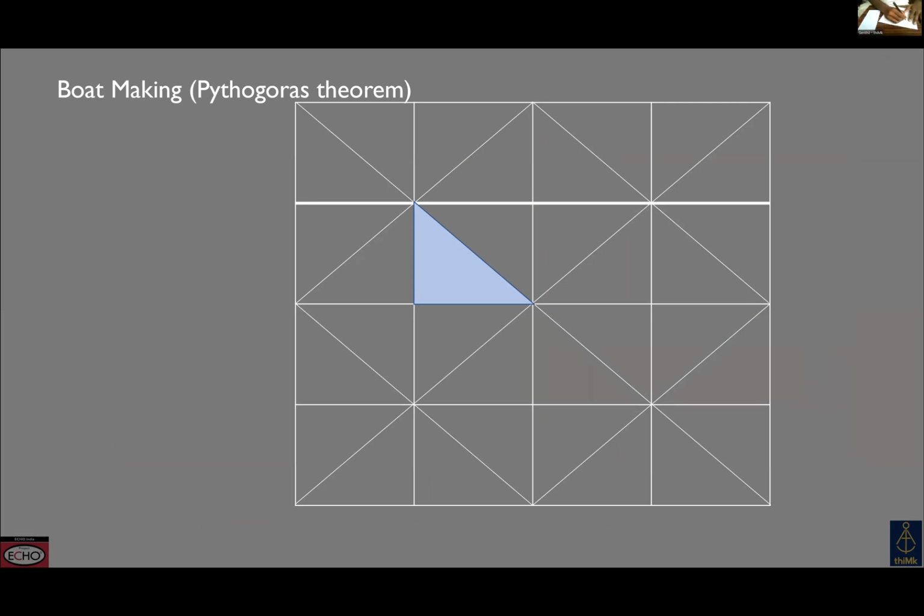Look at this triangle. I'm just looking at one triangle from this, just as it is marked on the sheet. And looking at this triangle, I'm just going to mark this as A.